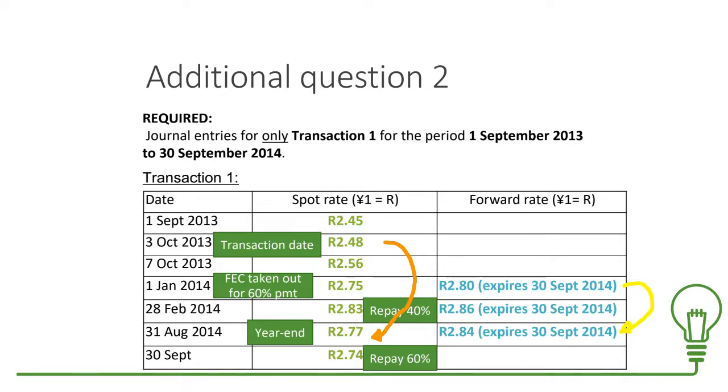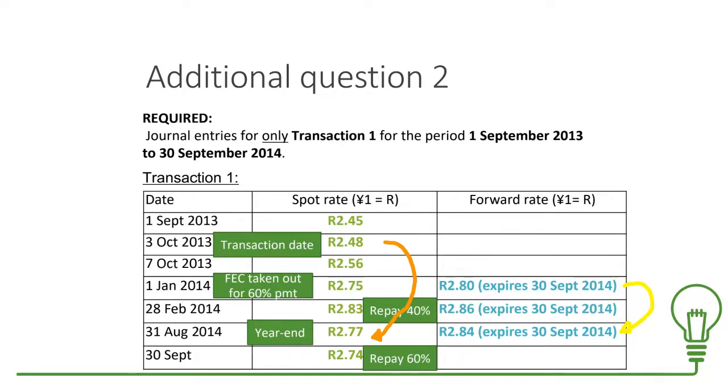Now, let's park that one side. With the FEC, what's happening with the FEC? When we bought the FEC, meaning when we got into the contract, we got into the contract at 280. But now that same contract is worth 284.